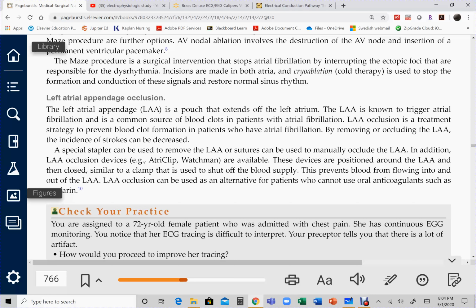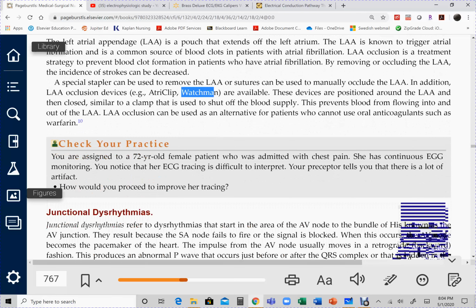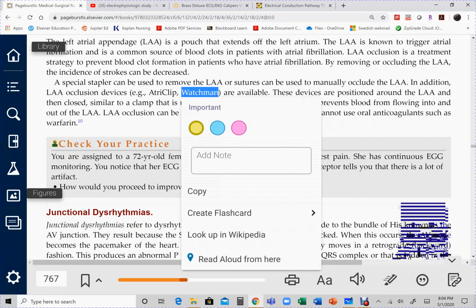If they put a device on this pouch, you eliminate that dead spot where a blood clot could form. Here it is, Watchman. So you lessen the chances of clot formation.